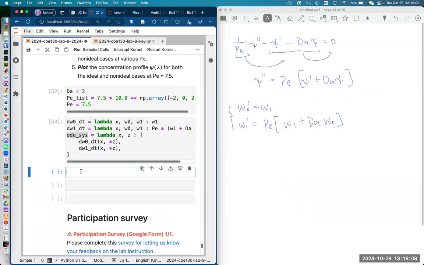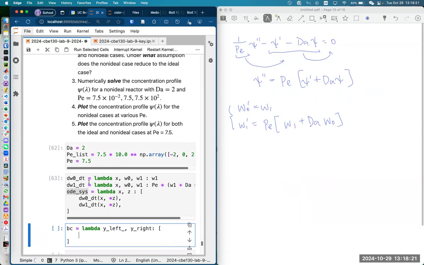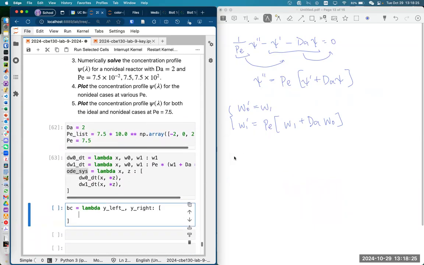Next we'll need to define the boundary conditions. The boundary condition is a function, not a list. So y left and then y right. This is the tricky part because we have a more complicated type 3 condition. So let's review that. Y left has two components.